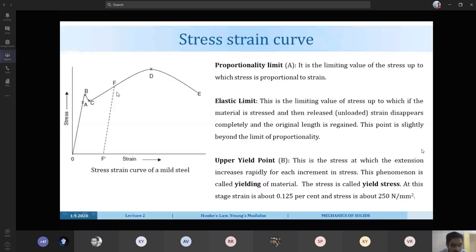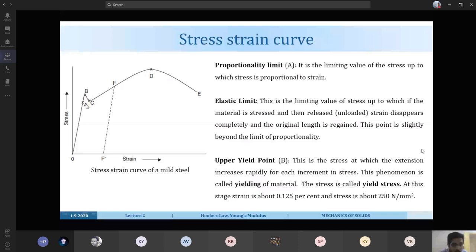I just want to note this F dash, okay, I will explain that. I am applying some stress beyond the elastic limit, and suppose I reached this point F here, and then at this point I unloaded all the loads acting on the structure. The body tries to go back to its original shape, but it cannot, and some deformation has happened.